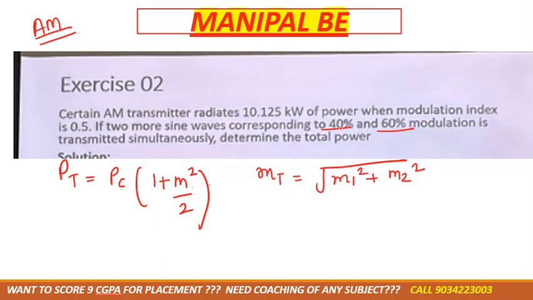Okay, two modulations, one of them is m1, 40% means we can consider it as 0.4, and 60% means we can consider it as 0.6. Correct?